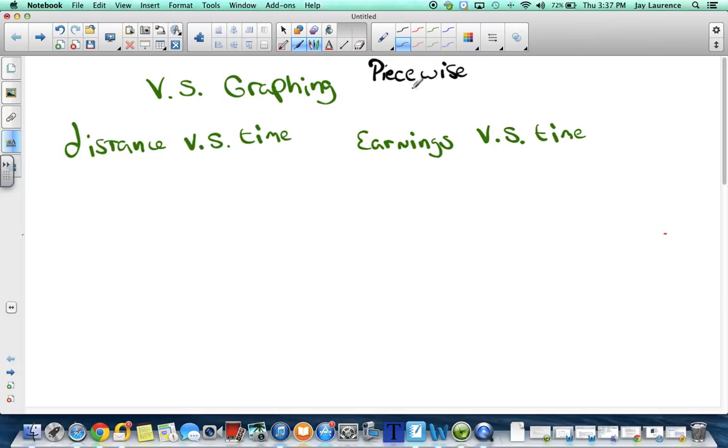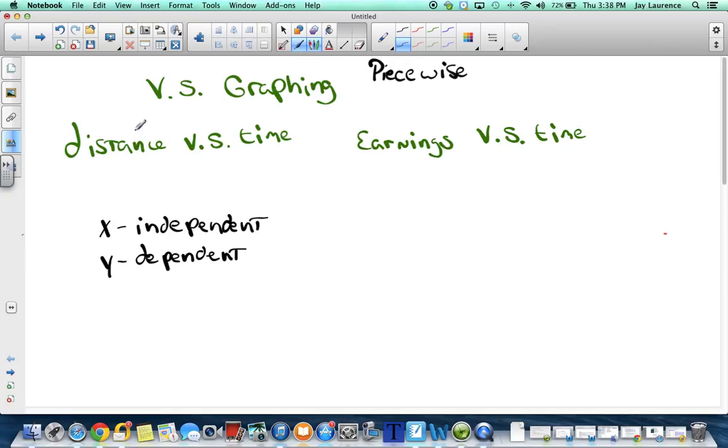By the way, we call these two variables one dependent and one independent. The way you can tell: first of all, x is your independent variable, or it might be another letter, but typically it's x. And y is your dependent variable. The way you tell the difference is you ask which one depends on the other.